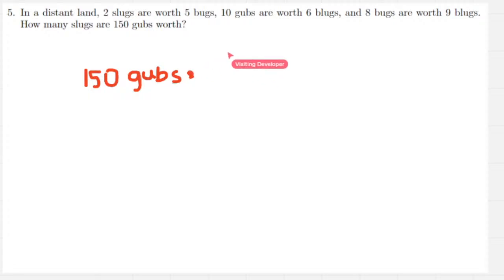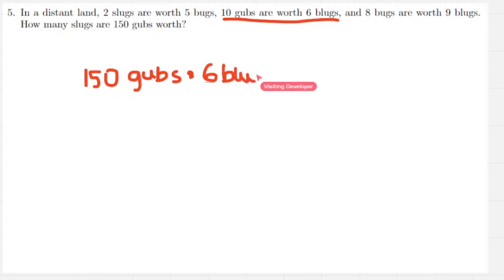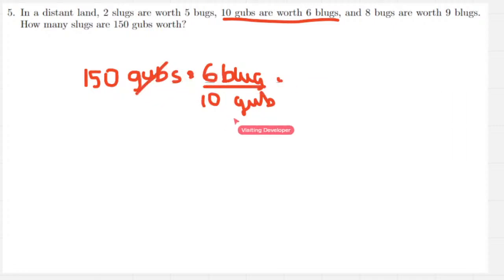So we know that we have 150 grubs and we want to convert this to slugs. So we know that 10 grubs are worth 6 bugs. So we convert this to bugs. So now we have our units of grubs canceling out, and we're left with 150 times 6 over 10 bugs.